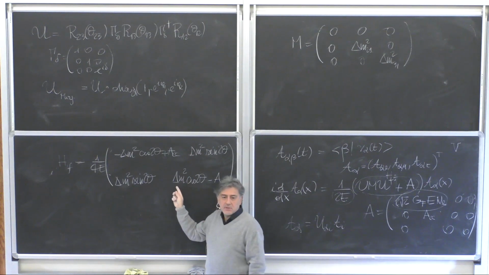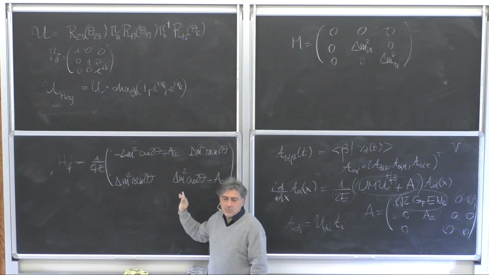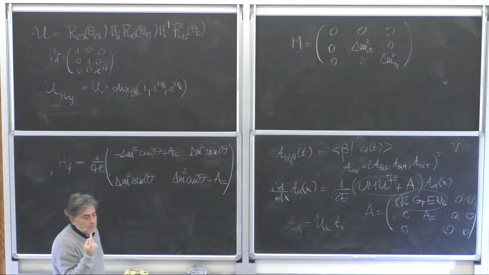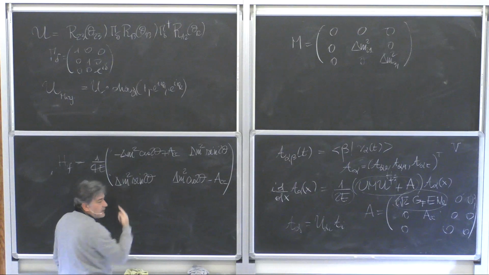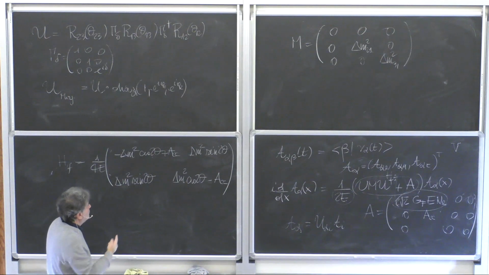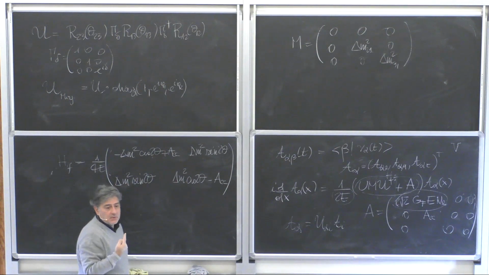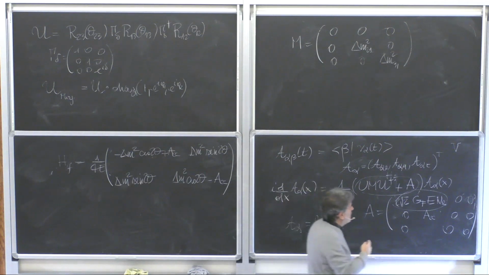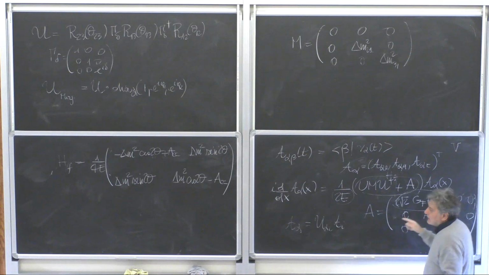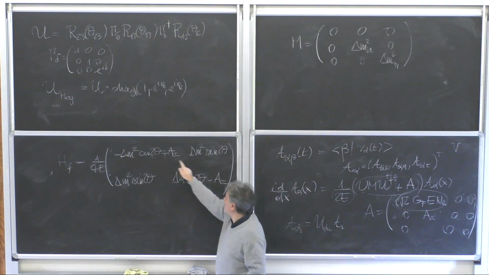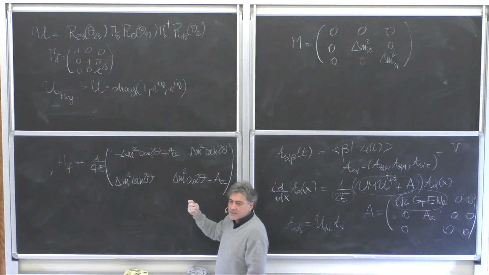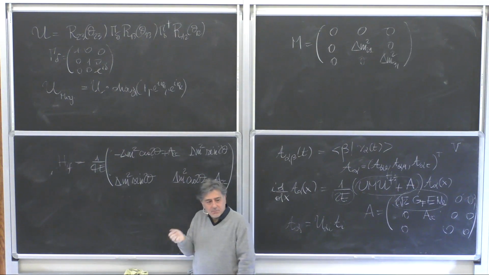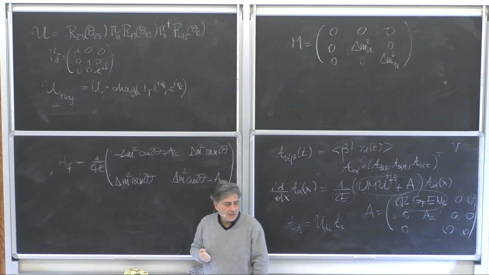You end up with this 2-by-2 matrix, depending on the mixing angle, the 1 mixing angle that defines U, theta, 1 delta m squared, and this potential for neutrino. The fact that this appears here depends on the subtraction that we have done to the part of the matrix proportional to the identity.